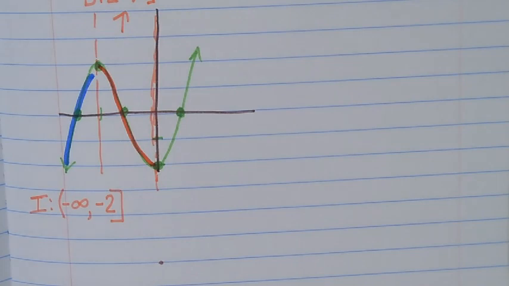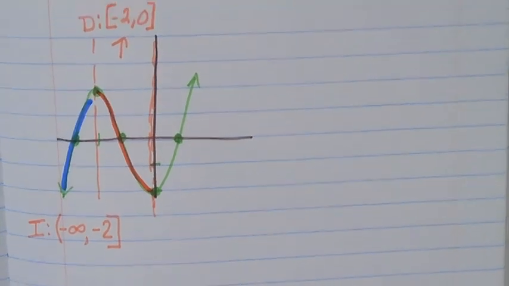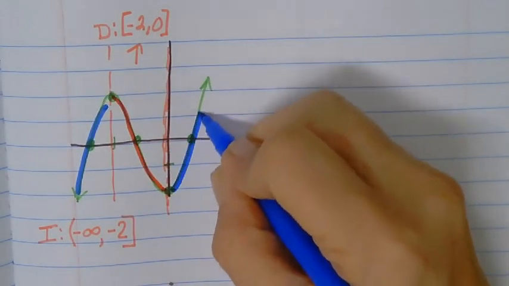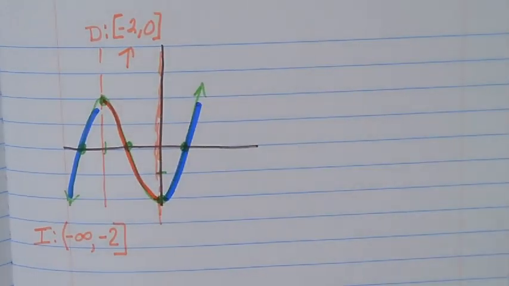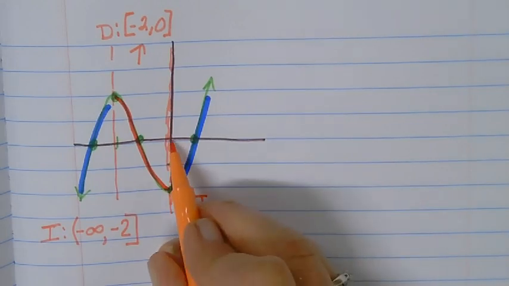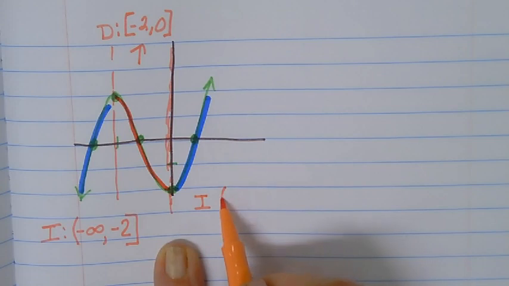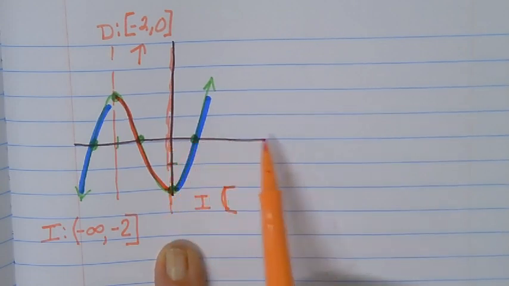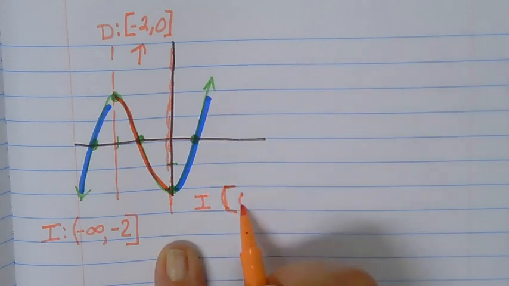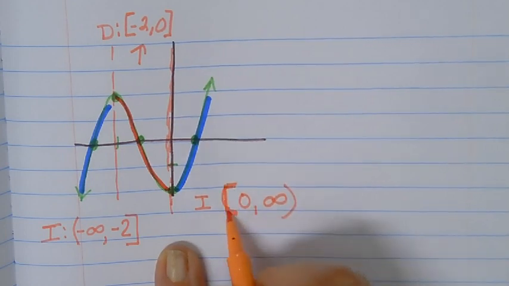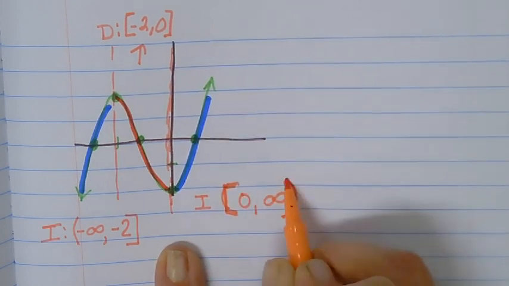And then what happens? And then it starts to travel back up, right? So increasing. And it's increasing from zero, and then this is going to keep going, right? So from 0 to positive infinity. So this is a bracket and a parenthesis.